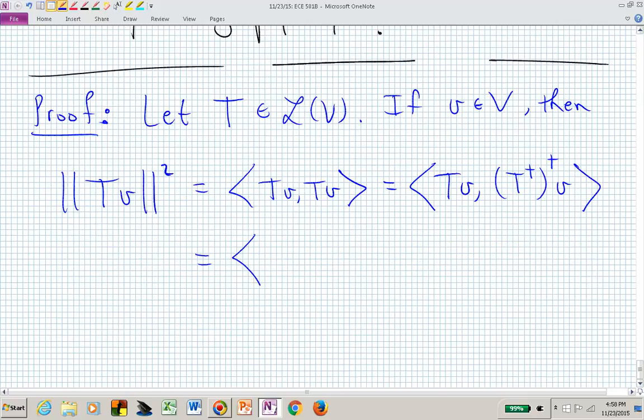If I now want to move that T dagger dagger operator into the first slot, it's now coming in daggered, isn't it? Or losing one of the daggers, so that now I have the inner product of T dagger T V with V. That's just the adjoint definition.